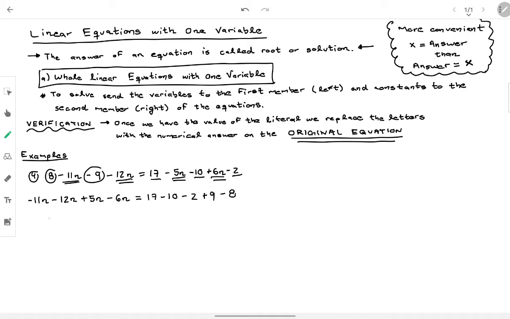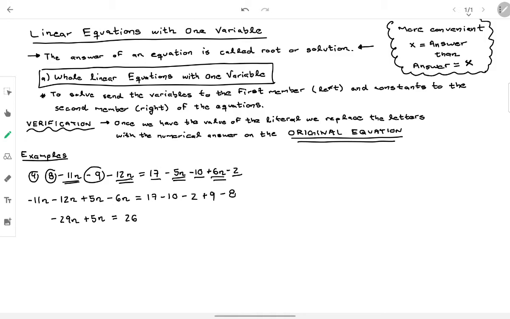We will get minus 11 minus 20 minus 12 minus 6. It's going to be minus 29n plus 5n equals, and this part is going to be the positive ones. It's going to be 17 plus 9. It's going to be 26.